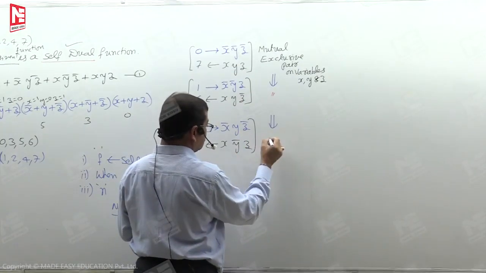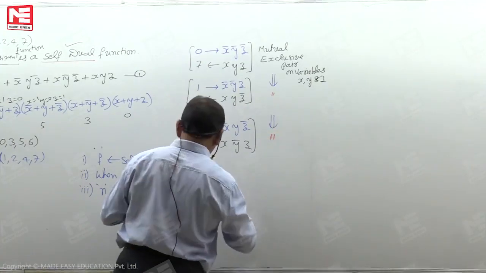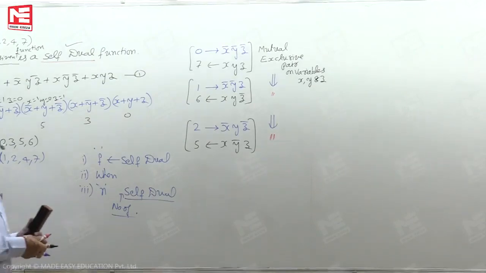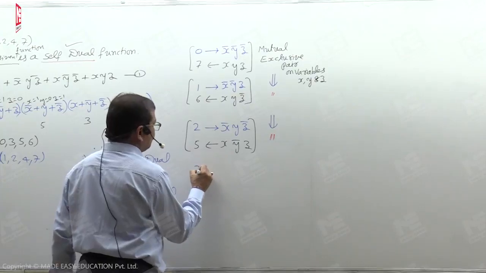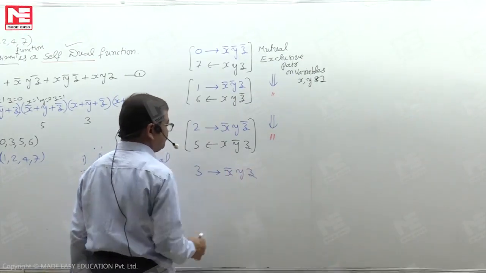Similarly, the product form for 3 is x bar, y, z.